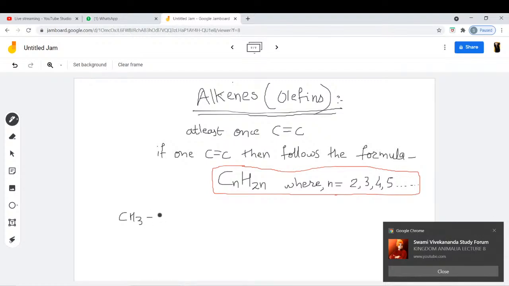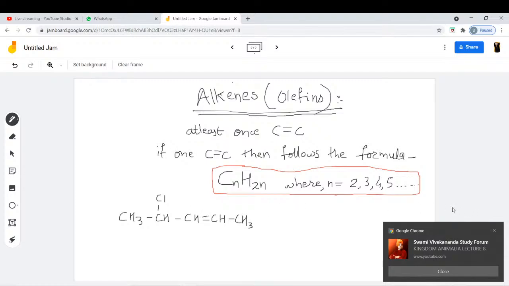coming to the topic, CH3, CH2, then CH double bond CH, then CH3, and here we remove one hydrogen and attach one halogen here.